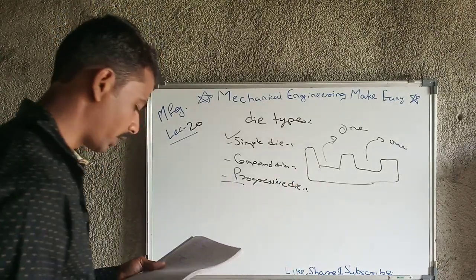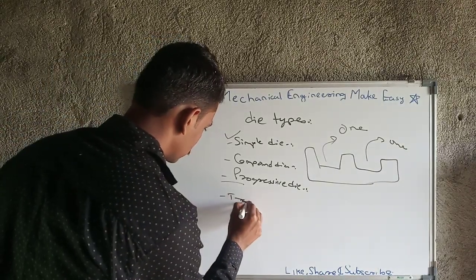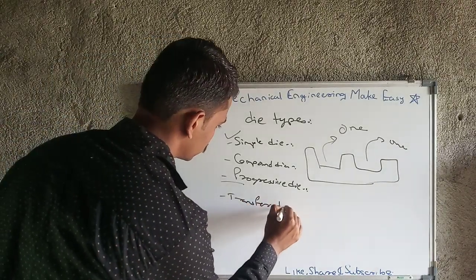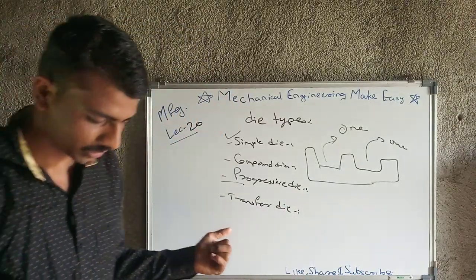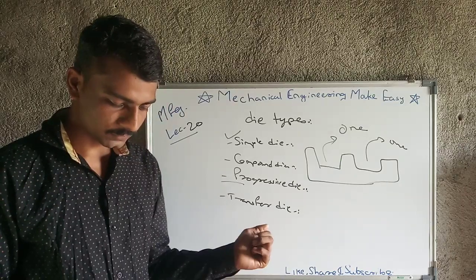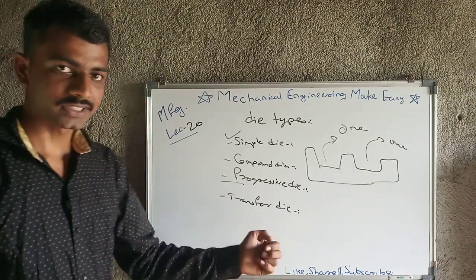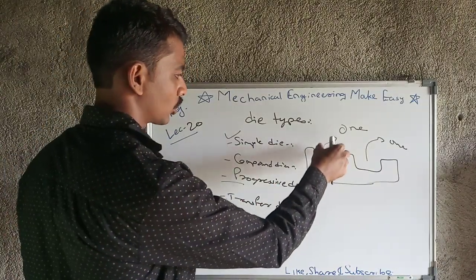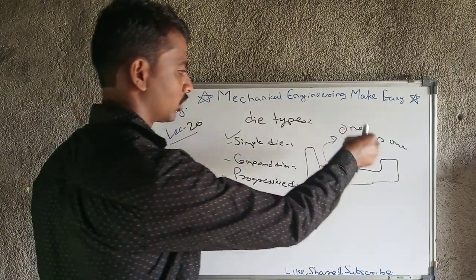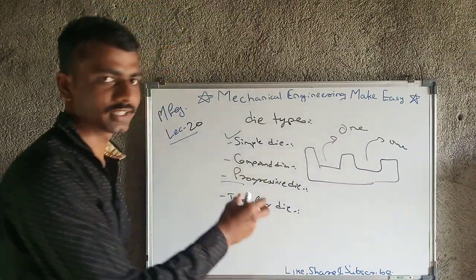Then next is the transfer die. What is a transfer die? A transfer die is nothing but a die where the stock is fed progressively from one station to another, and there will be a number of stations. In the case of a progressive die, the stock may be different at this location and at that location.